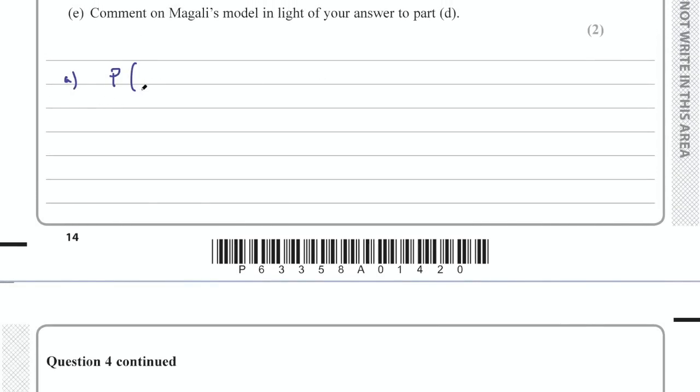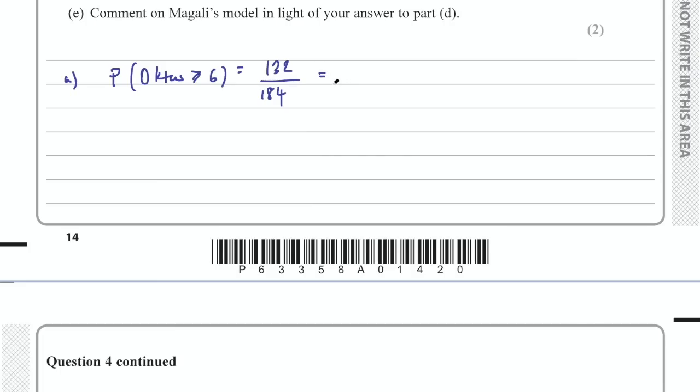So probability that the oktas is 6 or greater. This is equal to 132 on 184.